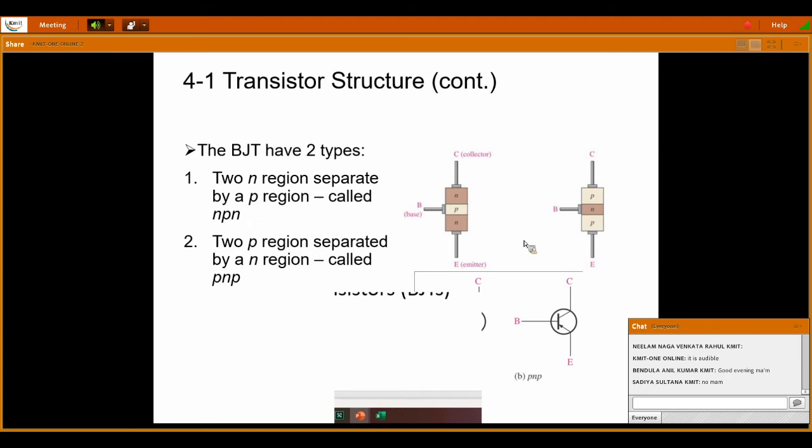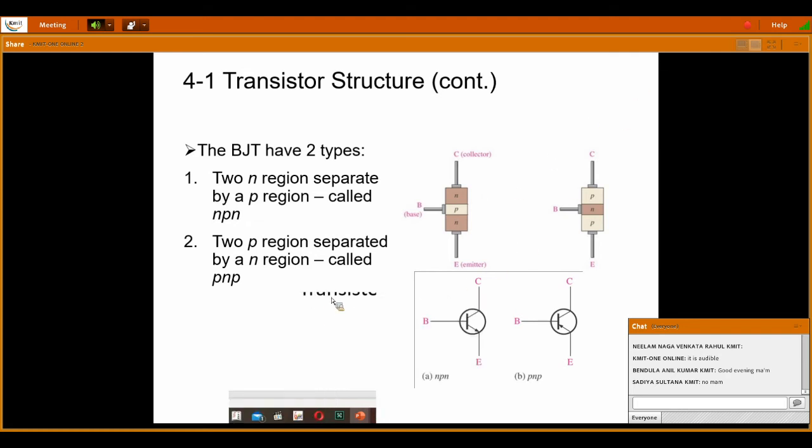These are the structures I am indicating here, and these are the electronic symbols we use in the laboratory for identification of NPN and PNP transistors, and to draw circuits.